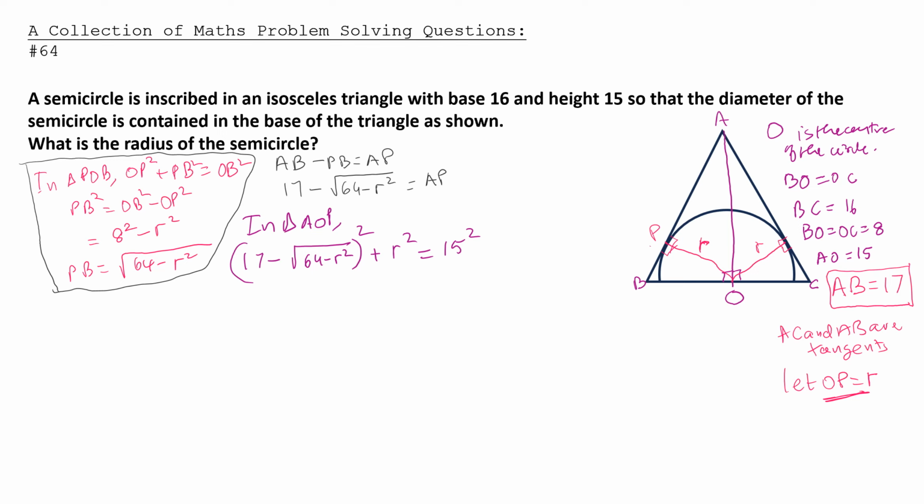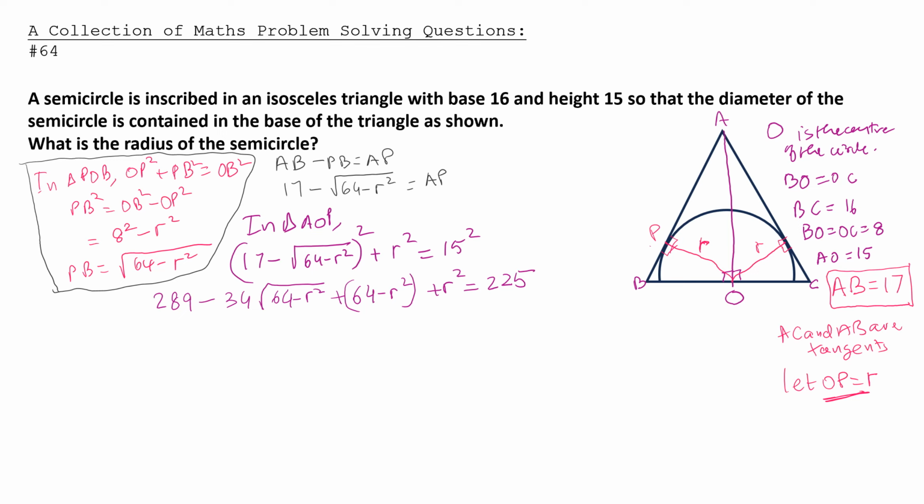So if we do the square of this, we get 17 times 17 is 289, minus 2 times 17 is 34, and then root of 64 minus r square, and then it is plus 64 minus r square. That's the square of root 64 minus r square. Then plus r square, and that is 225.